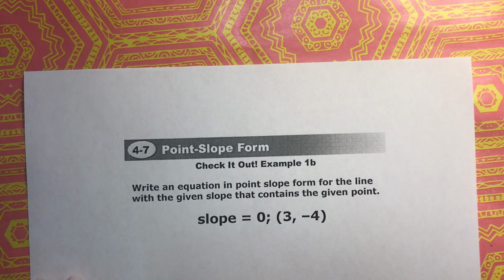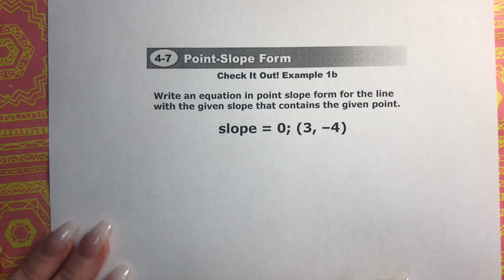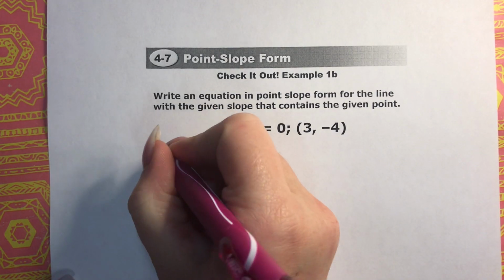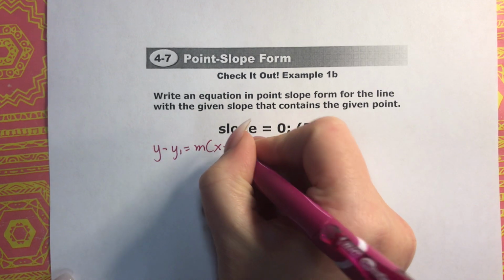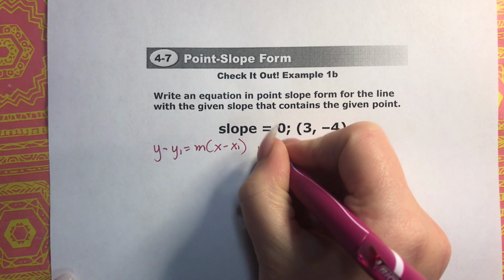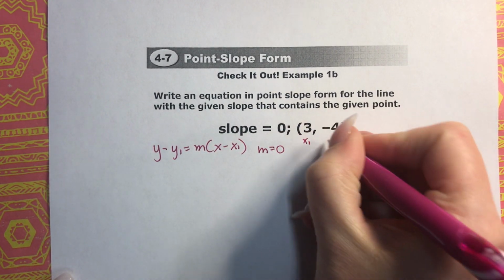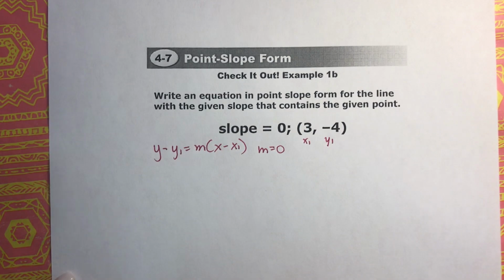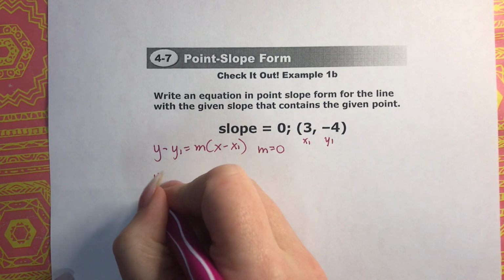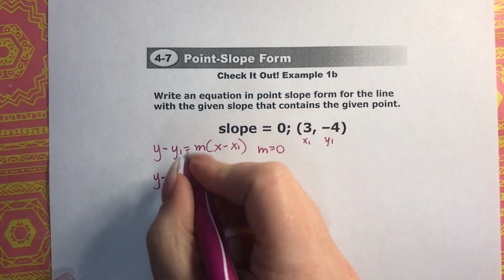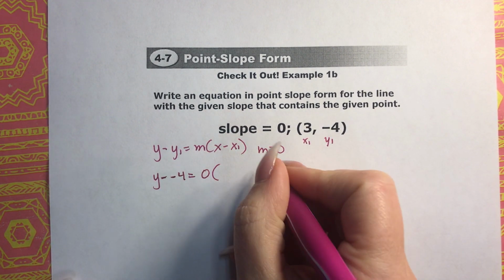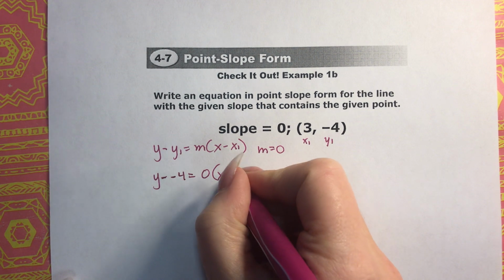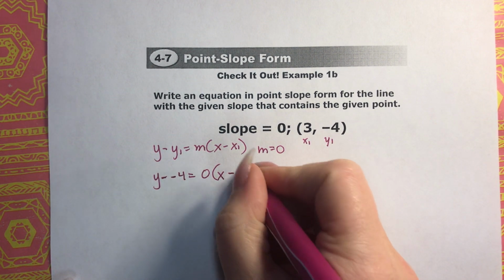So we're going to write this in point-slope form as well. So write point-slope form down. Y minus y1 equals m multiplied by the quantity x minus x1. My slope is equal to 0, and my x1, y1 is right here. So I just substitute the values in. I get y minus y1 is -4 equals my slope is 0 times x minus x1 is 3.